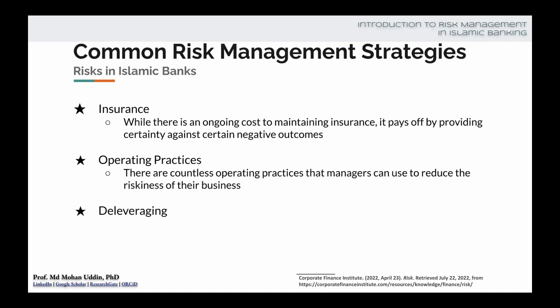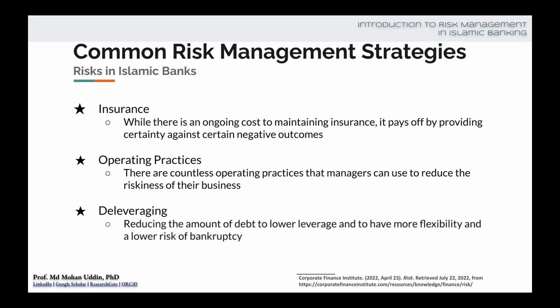Okay, so one way of reducing this financial risk is to reduce your debt, which is called deleveraging, because financial debt is sometimes called financial leverage. So reducing the financial leverage, that means reducing the borrowing or debt, is called deleveraging. That can be one way of risk management strategy.